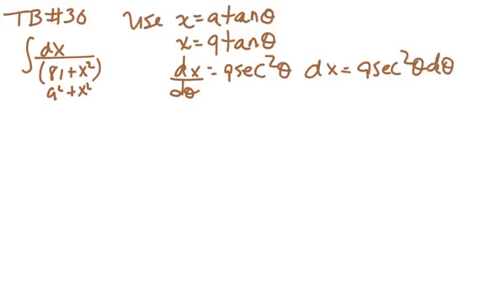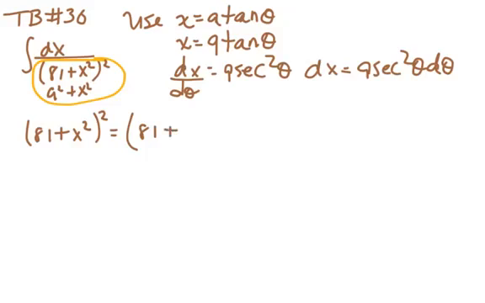So I'm going to pull the algebra aside and work on this denominator, trying to be able to substitute here. So pulling that algebra aside, I'm going to look at 81 plus x squared. Oh, I apologize, this is another square outside here. Okay, so let's make the substitution for x, and I get 81 plus (9 tangent theta) squared, and then we're going to square that.